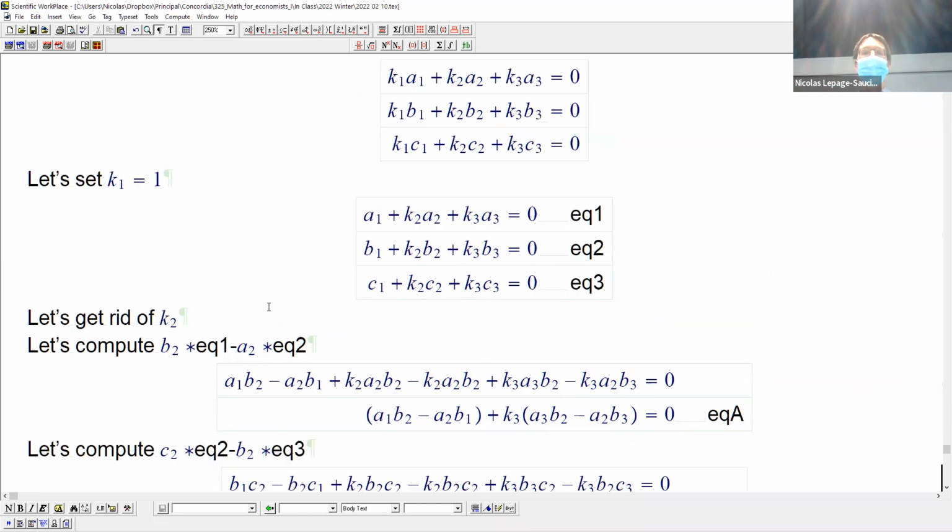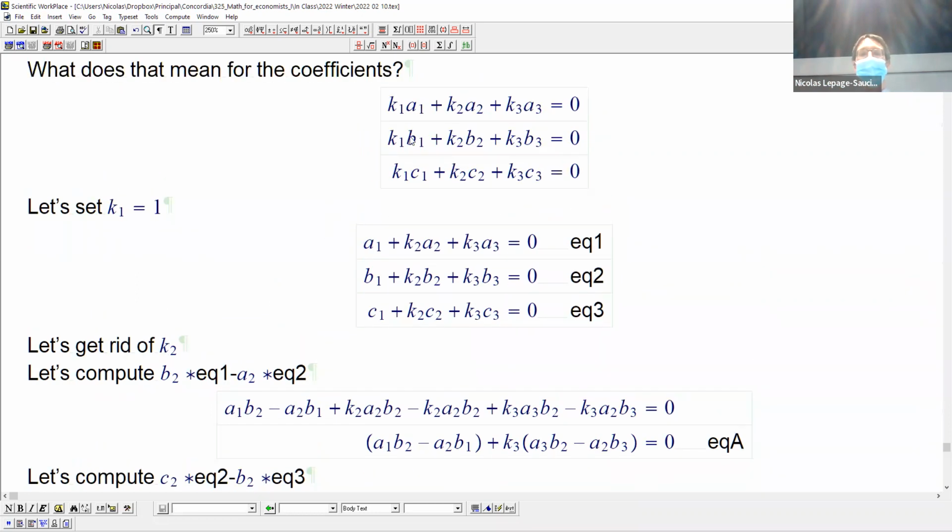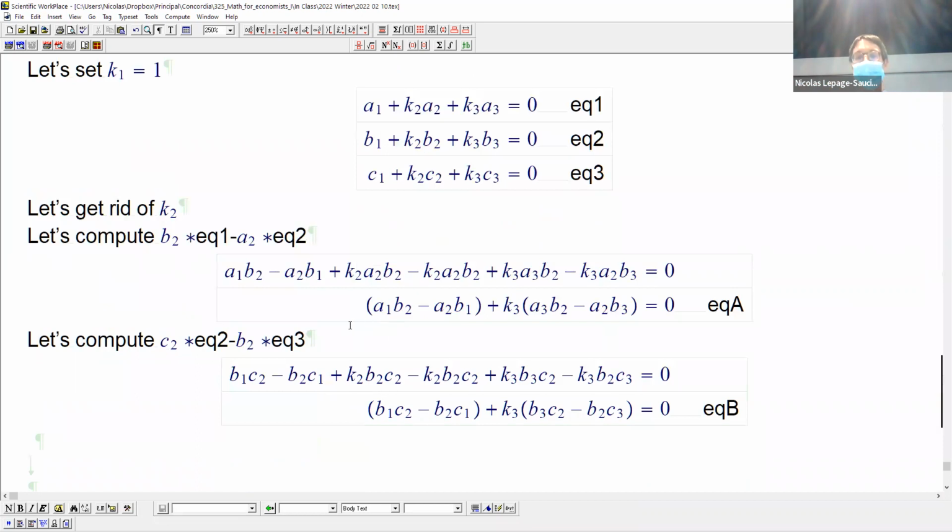So what have we done so far? Well, I just said this could be 1, so we don't need it. Then we want to get rid of K2. This is what we did. Now, if we want an expression with just the coefficients there, so what step lies ahead? No idea.